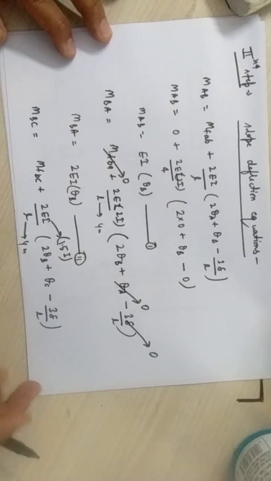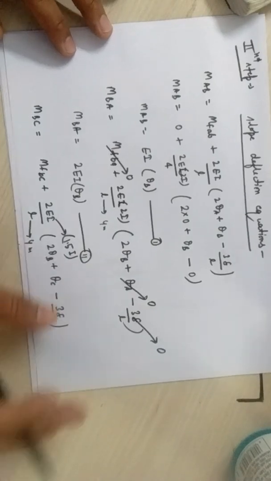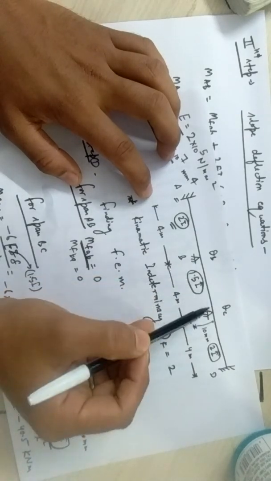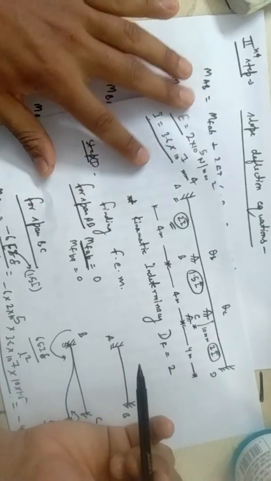Now span BC, I'm talking about this span. Okay, span BC, what is happening in this span? The support C is sinking by 10 mm downward.